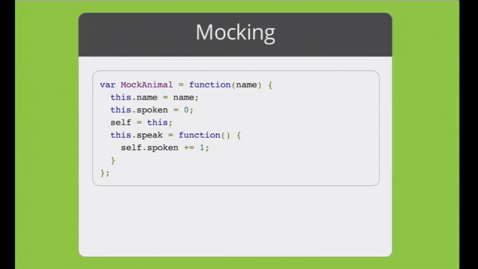We had a duck and a pig. And I actually want to test my farm. So I've created a mock animal, and it's a class. It's got a name, so here's the name. And I've got the speak function here, which increments spoken. And so I can then run assertions on spoken to make sure that speak was called and things like that.